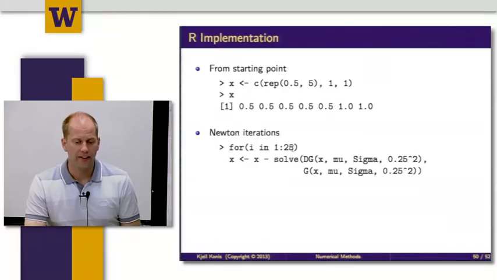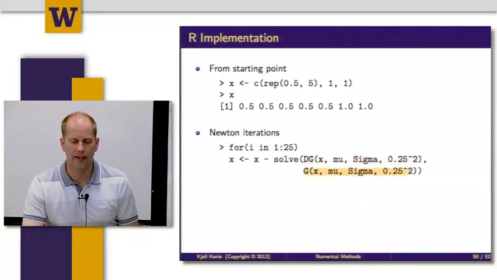My Newton iterations, again, this part's almost always going to be the same. I compute my gradient, and I compute my function, and then I just need to solve that linear system. And then I use that to update x. So I'm writing the updated x in the same piece of memory as x had. And I'm going to repeat that 25 times.